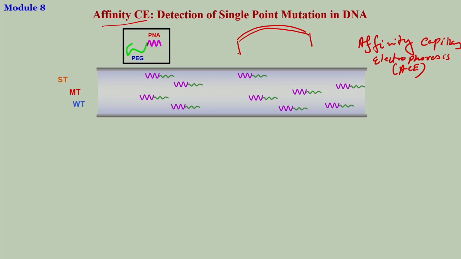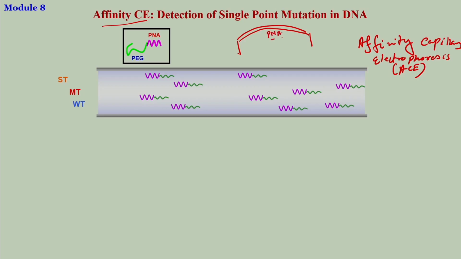In the gel you had gel inside the capillary, interacting with your sample. Now, affinity capillary electrophoresis is that the capillary is filled up with a different compound that we have synthesized, or a compound that has high affinity. In this case, we have used the PNA.